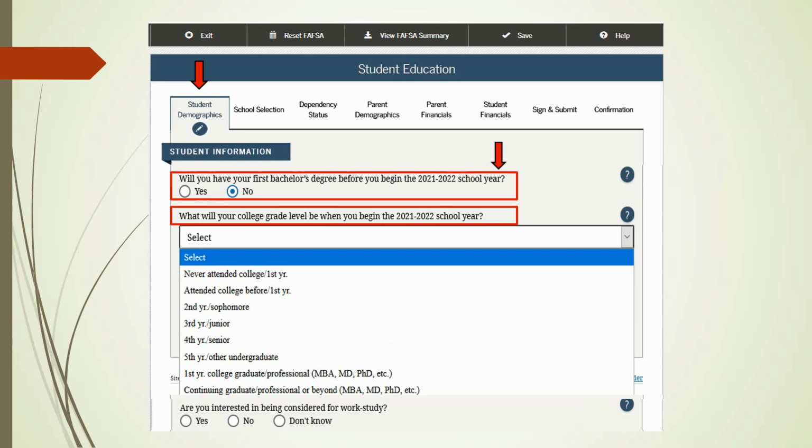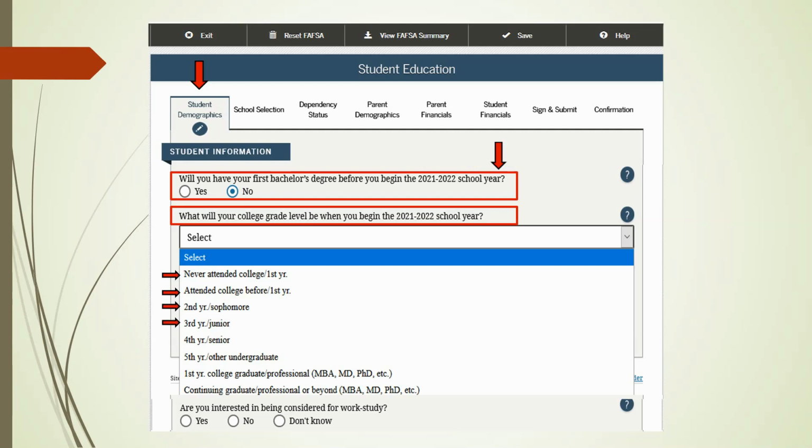And then what will your college grade level be when you begin the 2021-22 school year? It could be never attended college before if you're a traditional student right out of high school, or even if you did take some college courses while you were attending high school, but you are still in your first year, considered a first year college student because you have, we'll say, less than 30 credits earned.